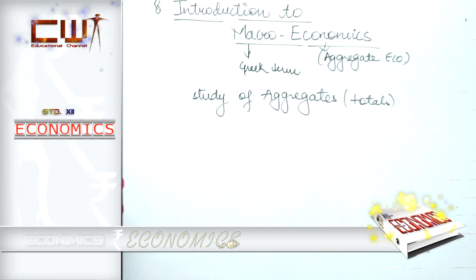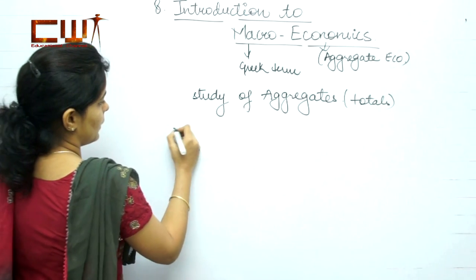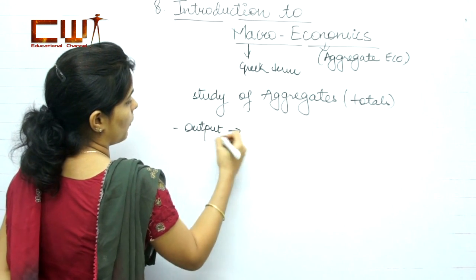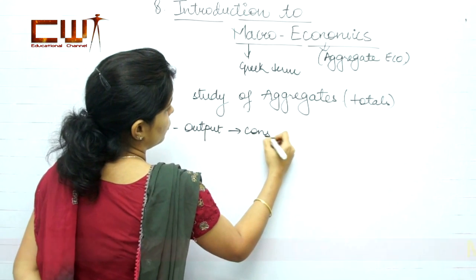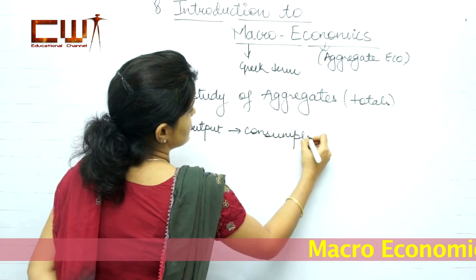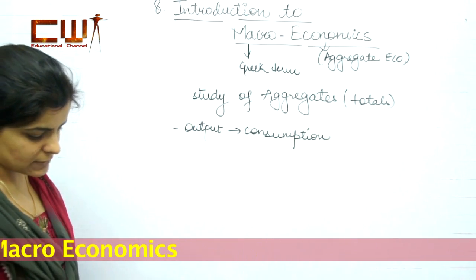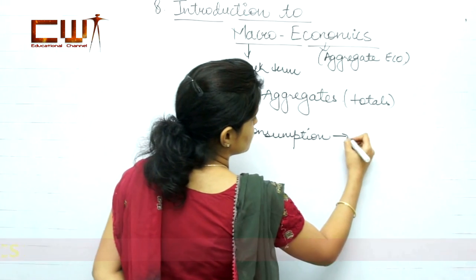Macroeconomics is the study of the overall conditions of an economy: total output, total consumption, total income, savings, investment. See, that is like a chain. You have output, right? When you have output or production, there is more consumption. Why is there more consumption?